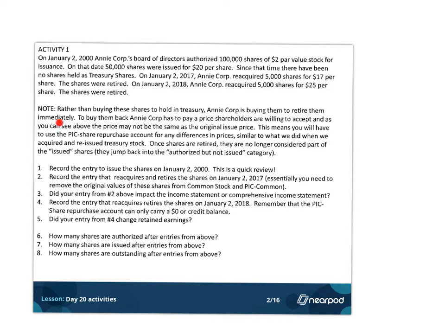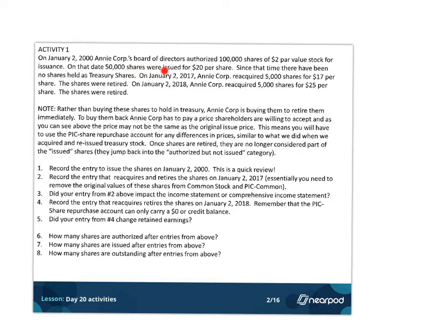So we're going to have to pay the price that shareholders are willing to accept, and it may not be the same as the original issue price. So we're going to have that PIC share repurchase account for any differences, similar to what we did with the treasury stock. Once those shares are retired, they're no longer considered part of the issued shares.